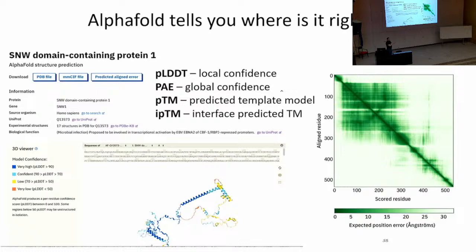But of course, the amino acids are connected to other ones in order to get the structure, to get the fold. And that's shown on the right with the PAE. And here, the matrix basically tells whether this pair is positioned right or not.